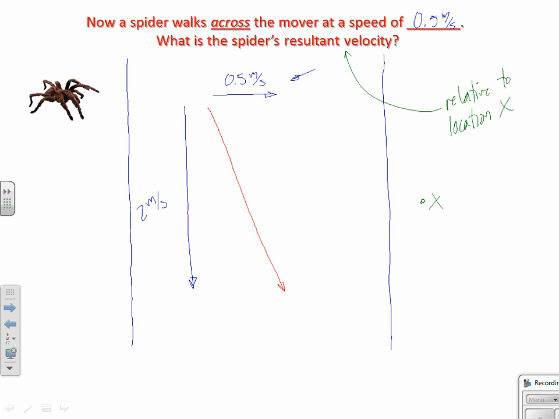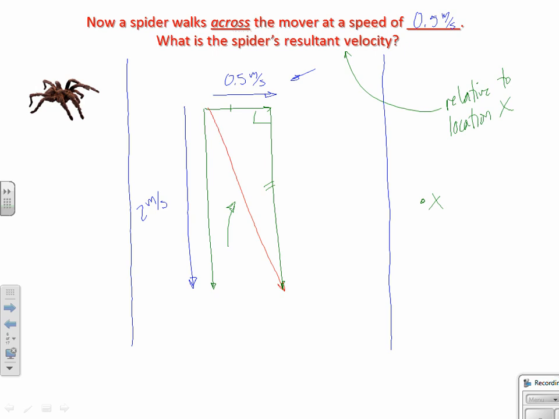And I want you to notice that we have the 0.5 meters per second here, and we have the 2 meters per second there, so we can actually make a right triangle. And I bet if you know that this is 0.5 meters per second, and that's 2 meters per second, you could find the magnitude of that hypotenuse.